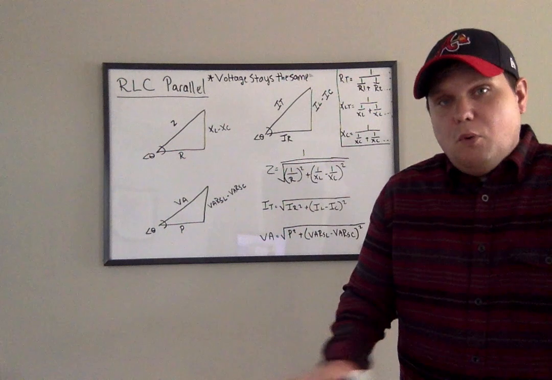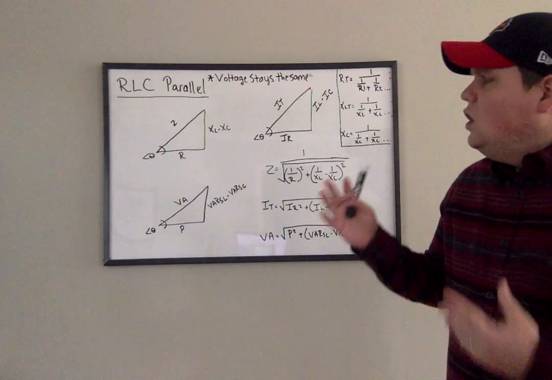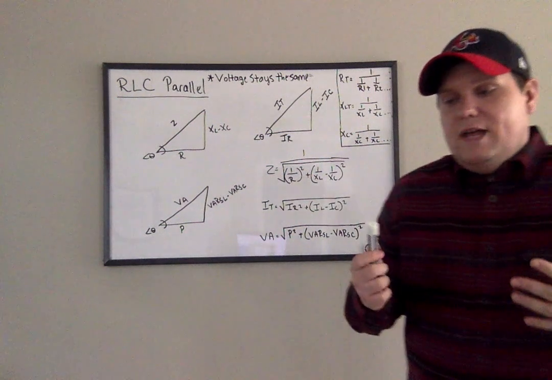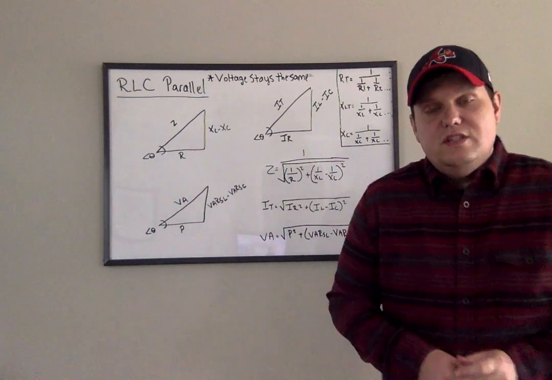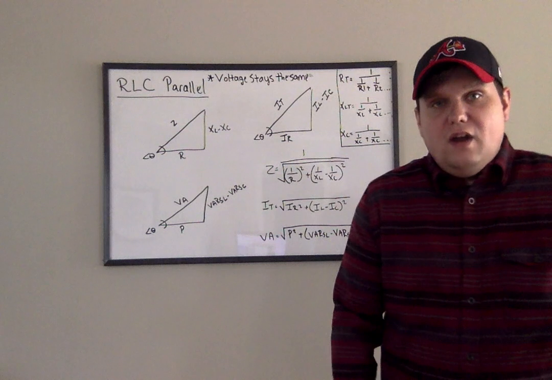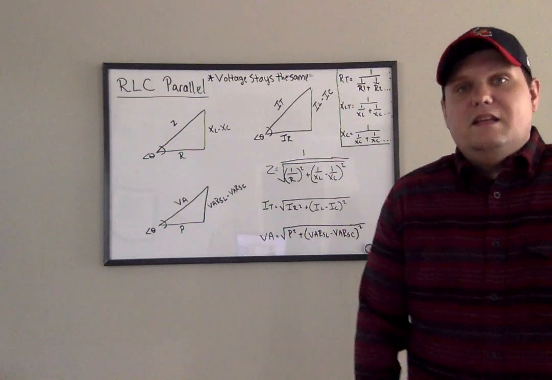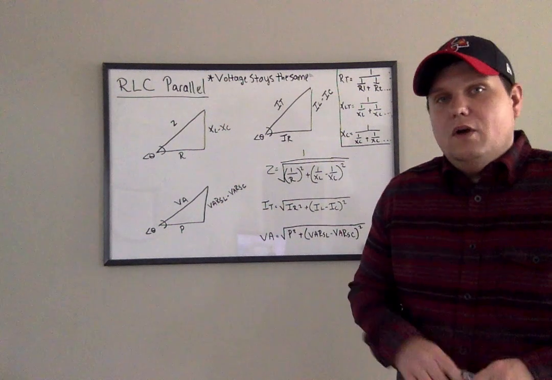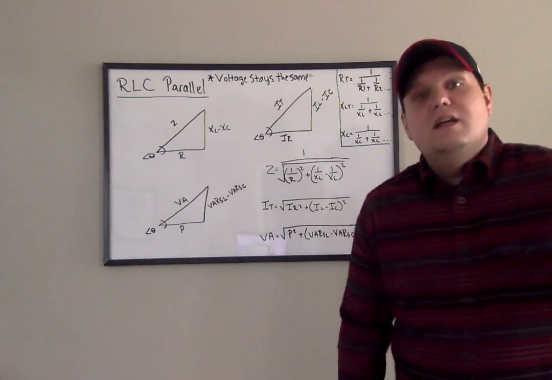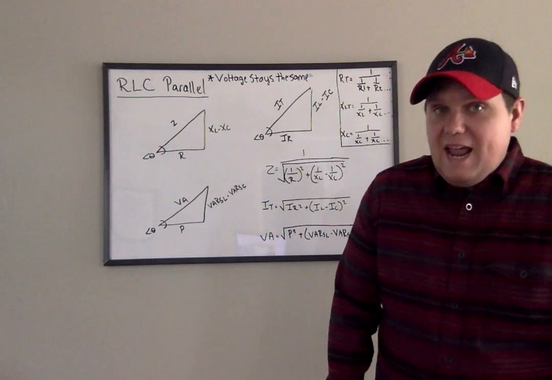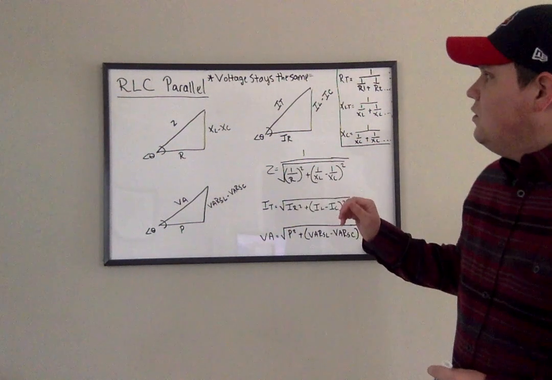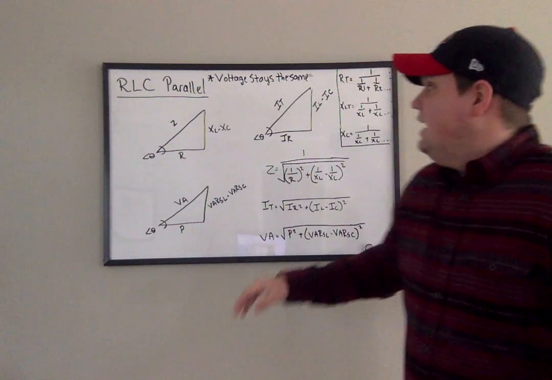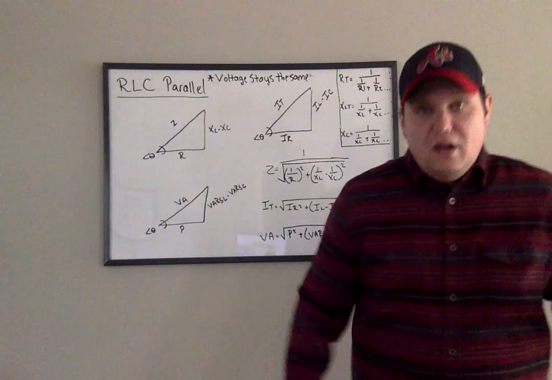In this portion of the video, I'm just going to go through the triangles. In the RLC series circuit, we had the voltage triangle, the power triangle, and the impedance triangle. We have pretty much the same thing going on here, except remember that voltage stays the same, so we eliminate the voltage triangle, and now we have the current triangle.